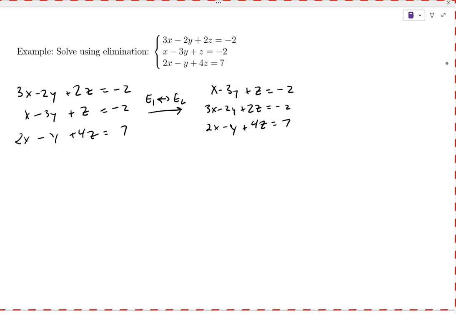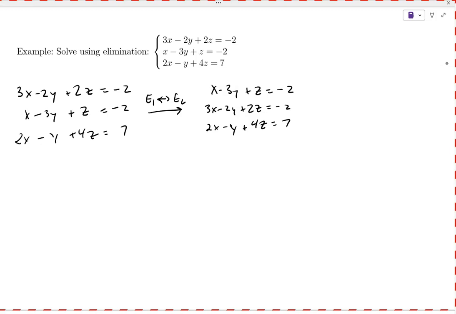All right. So now we want to work off of this x to get rid of the x's in the other two equations. That's why we refer to this as elimination, right? I'll eliminate the x's. And anytime you're doing elimination, whether we're doing this with variables or doing it in the system, what we're going to talk about later today, we're always going to work off of this to eliminate the other two.